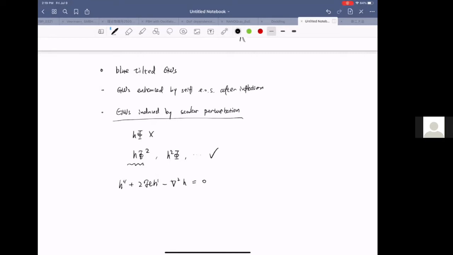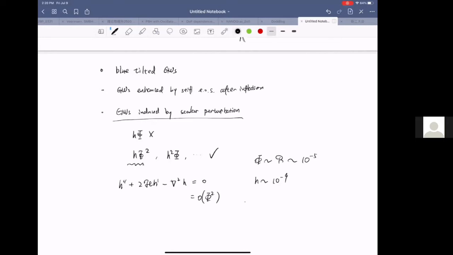Phi is the Newton potential, as I always note. The key point is that usually this Newton potential is very small. So it is of the order of the curvature perturbation, so it's of order 10 to the minus 5. Let's estimate: if this is the case, then this small h is just 10 to the minus 9.